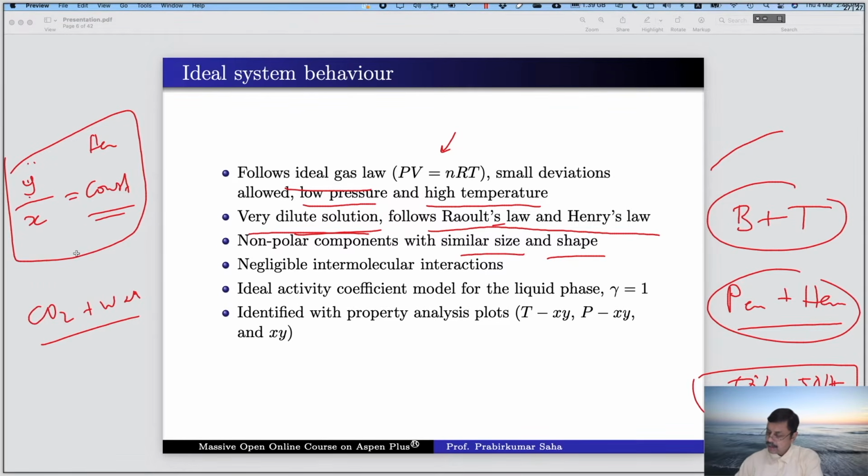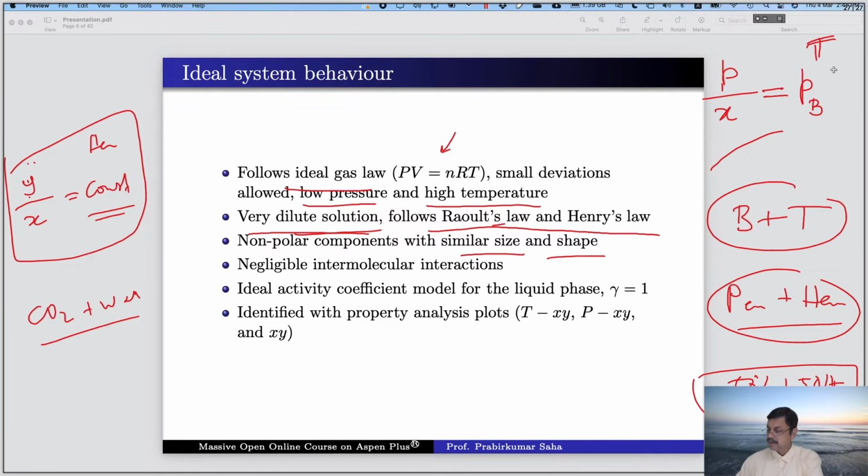In such a situation, the partial pressure of the component in question, if we are discussing the benzene toluene system, then say the partial pressure of benzene in the vapor phase divided by the mole fraction of benzene in the liquid phase, that ratio is equal to the vapor pressure of benzene for that particular temperature.